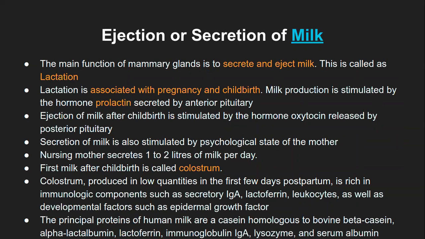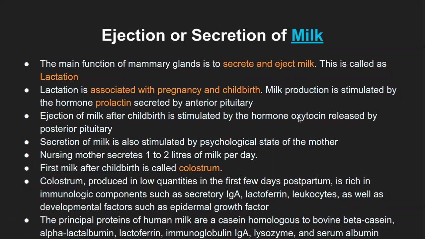Milk production is stimulated by the hormone called prolactin, which is secreted by the anterior pituitary gland, the front part of the pituitary. So the synthesis of the milk is stimulated by prolactin, and on the other hand the ejection of the milk after the childbirth, that is after the baby is born, is stimulated by the hormone known as oxytocin, which is released by the posterior pituitary gland.